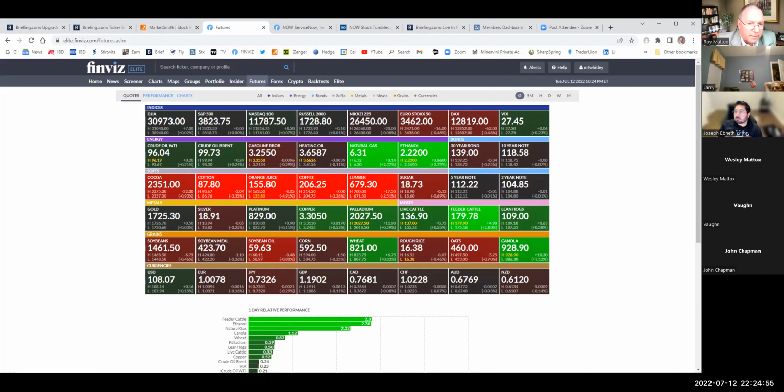It doesn't matter what the number is. The market can rally because we're oversold, but the Fed's in a box and they're going to have to continue to raise rates. And that's the dilemma.